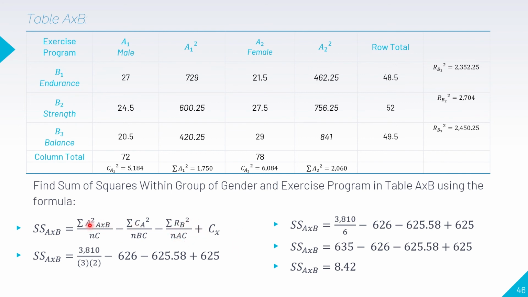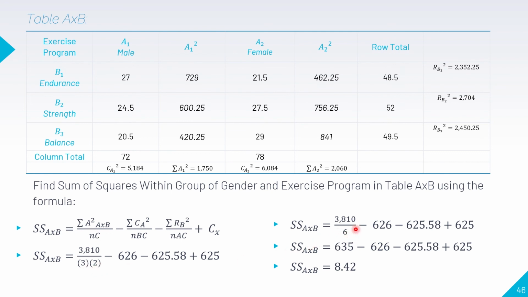So in the summation of A squared in our A by B, we just need to add the summation of the A squared of these values. Then add these two, and that's the value here. So we have 3,810. Our N is 3, our C is 2.